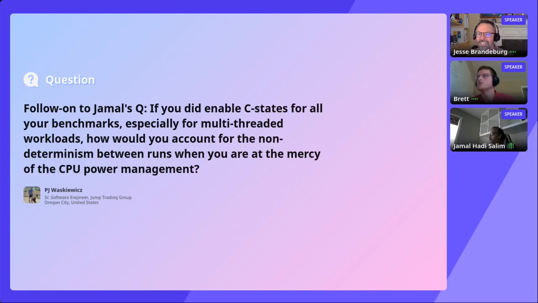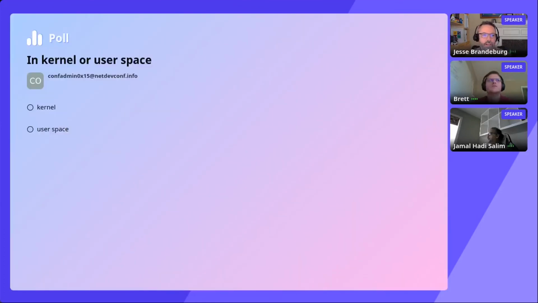I don't think you can vote twice, guys. I'm sorry, user space. Should we have a third answer? Maybe both. Well, that's the way that I would do the initial implementation. Okay. All right, the poll is alive. Kernel or user space, folks. All right, start voting, please.